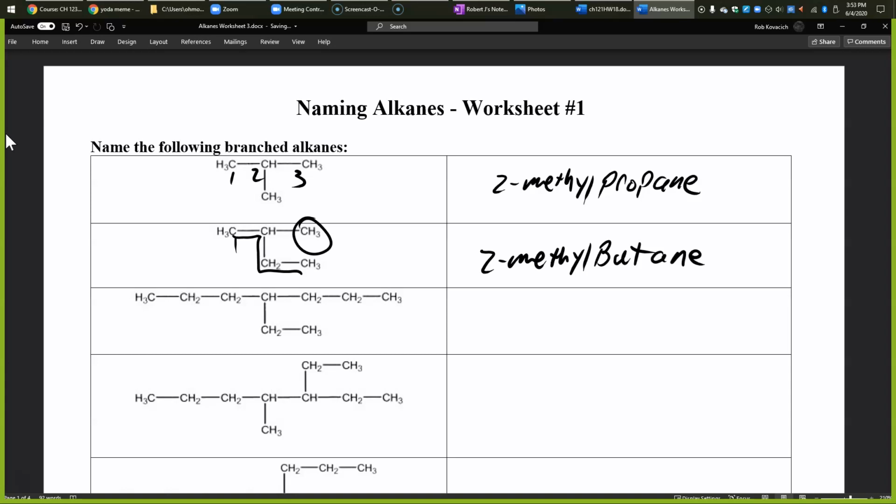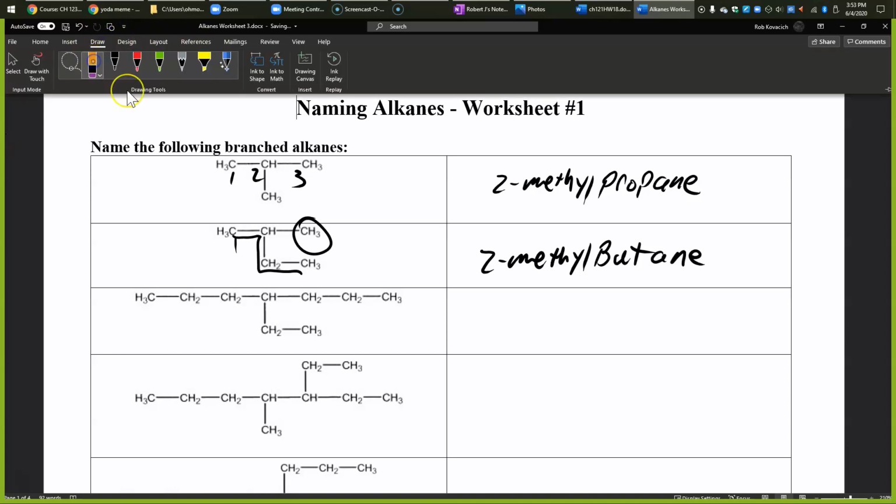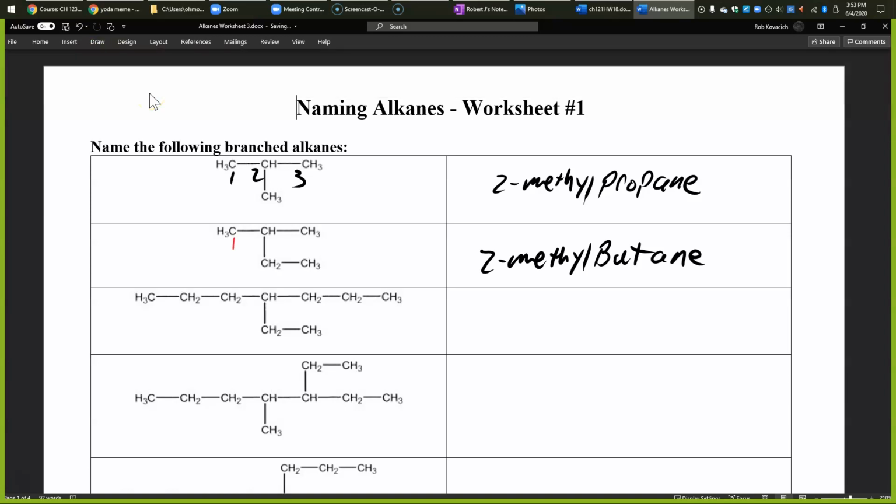Can you explain that last part again? The 2-methyl. So carbon number 1, carbon number 2, carbon number 3, carbon number 4. We okay with that? Okay. So that's my longest carbon chain. So what carbons are not included in these 4 carbons? The side chain. Okay. So what carbon is that carbon attached to?